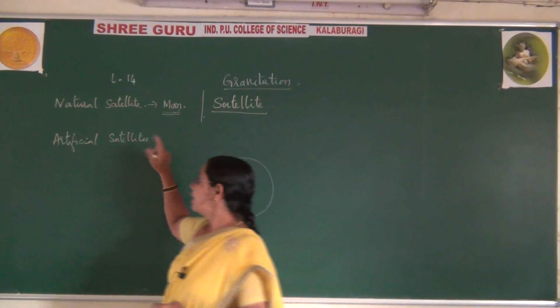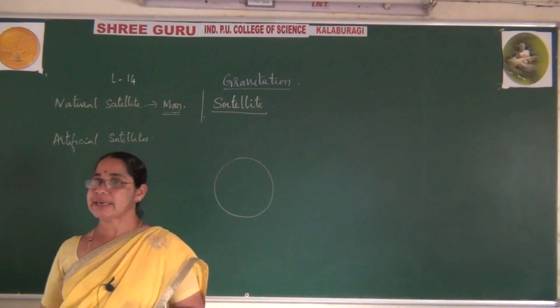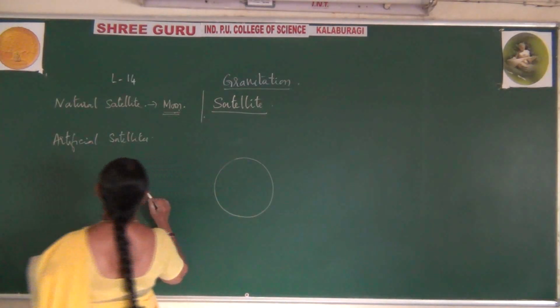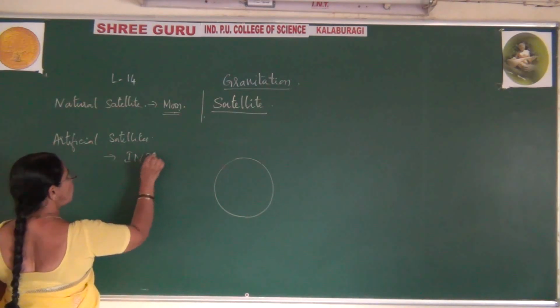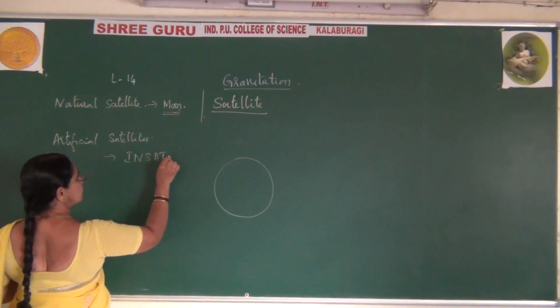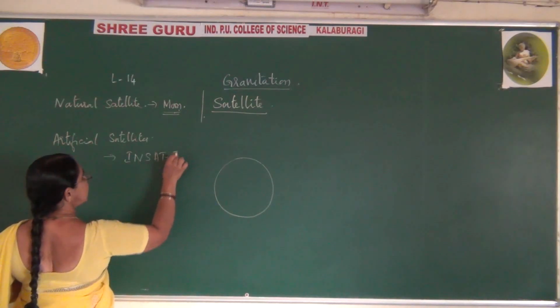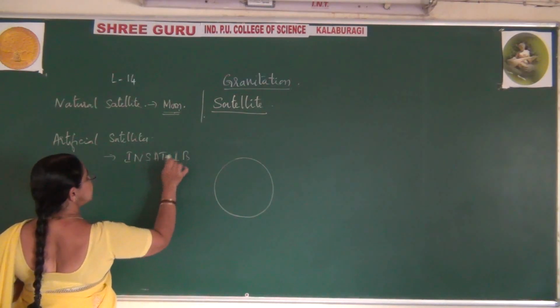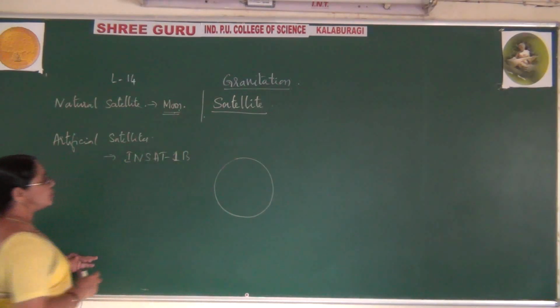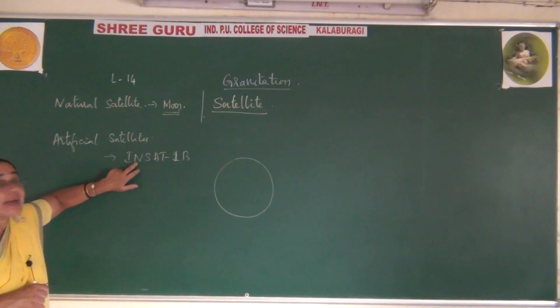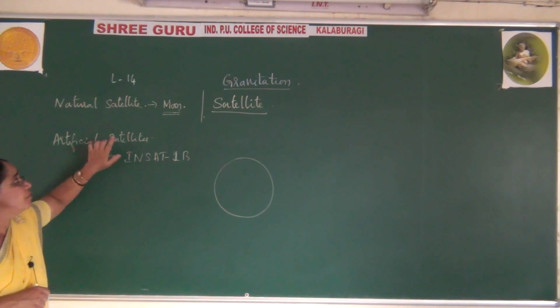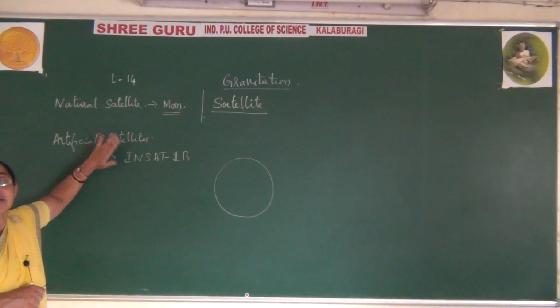Here I can give the best example for the Earth: an artificial satellite of the Earth is INSAT 1B. INSAT 1B is an artificial satellite of the Earth. That is a good example you can give for the Earth.